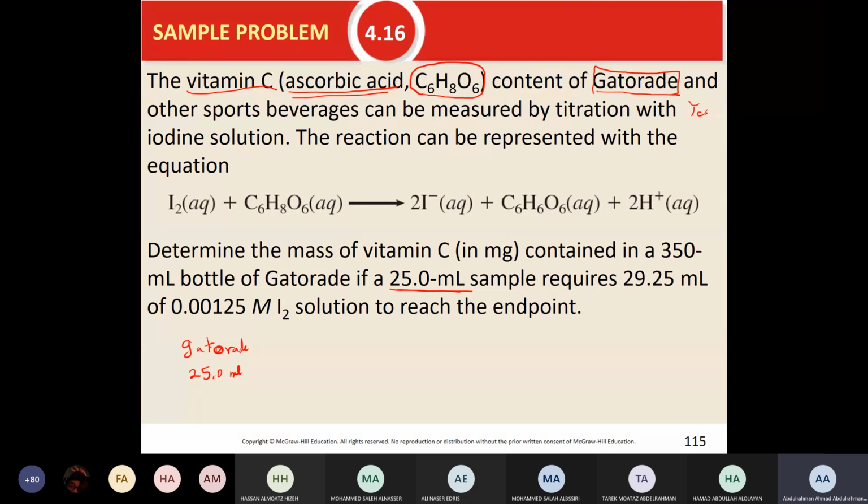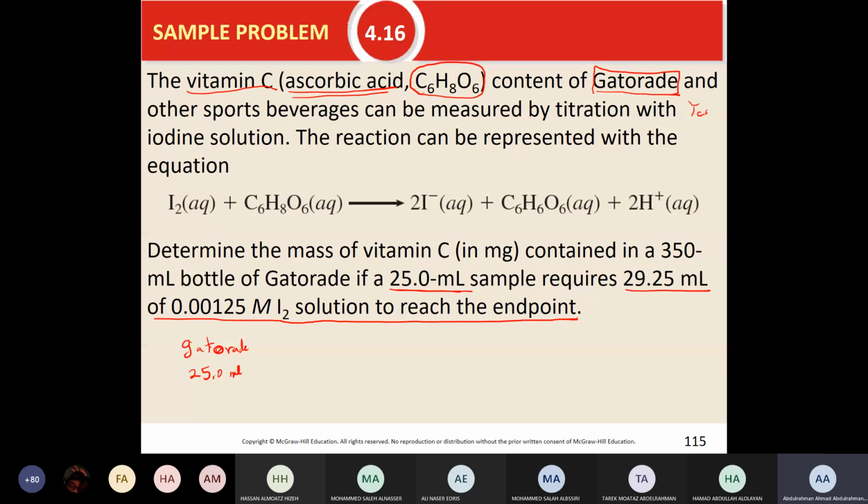And we treated this vitamin C, by the way. Next, this was treated with 29.25 milliliter of 0.00125 molar iodine to reach the end point.